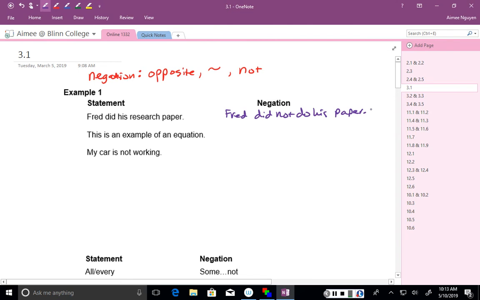Similarly, if this is an example of an equation, if I want this to be the opposite, this would not be an example. So this is not an example of an equation.